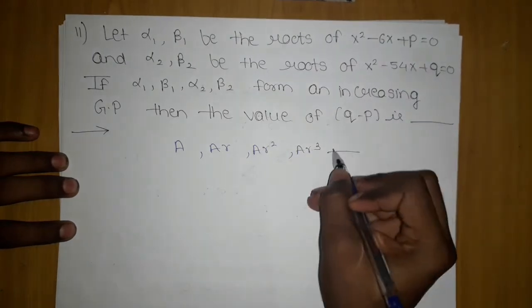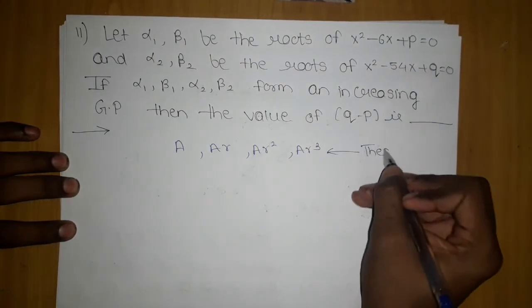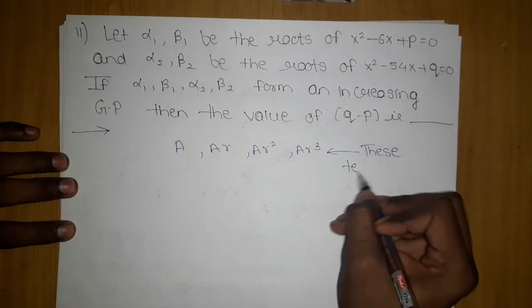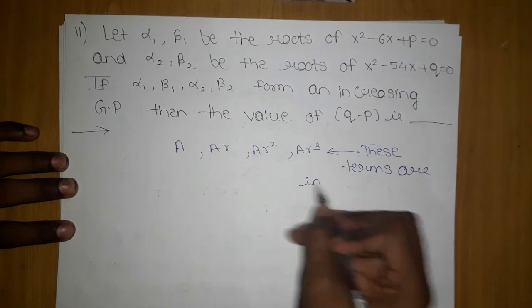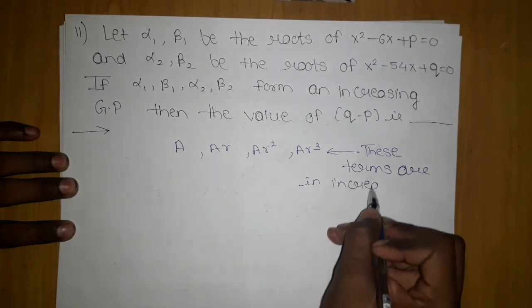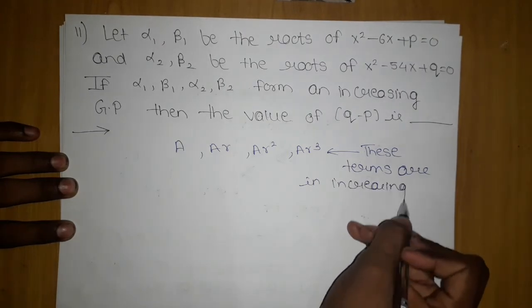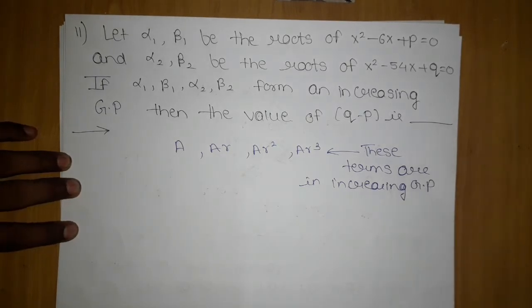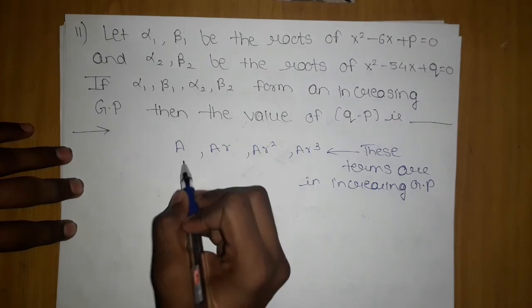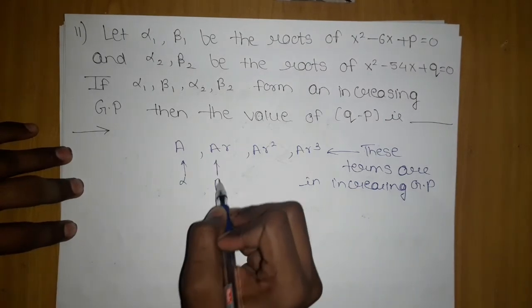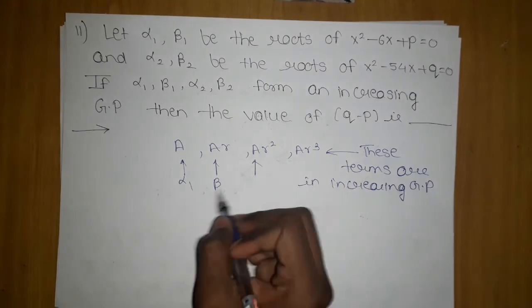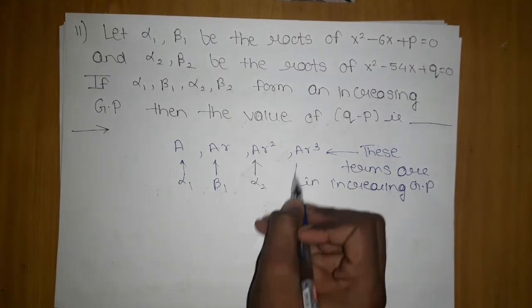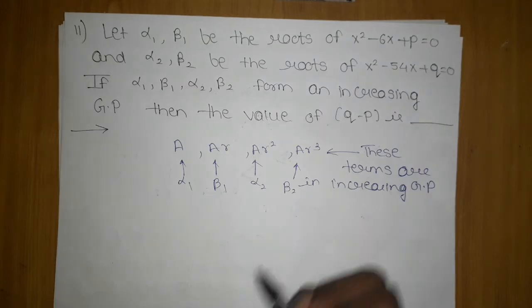We will consider these terms because they are in increasing GP. Now let's apply. This is alpha 1, beta 1, this is alpha 2, beta 2. We can take any of them, whatever we want.